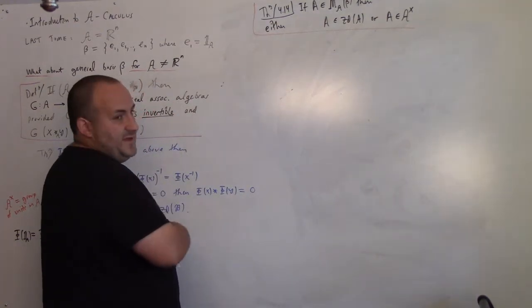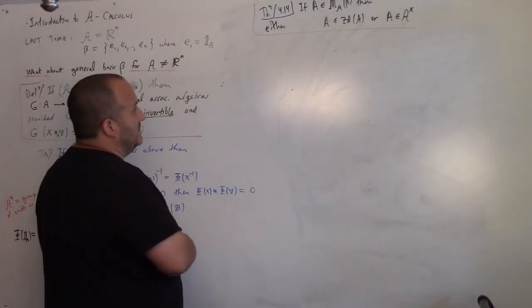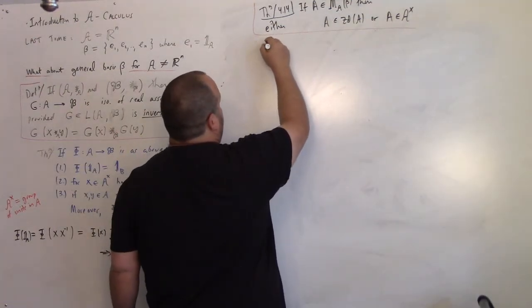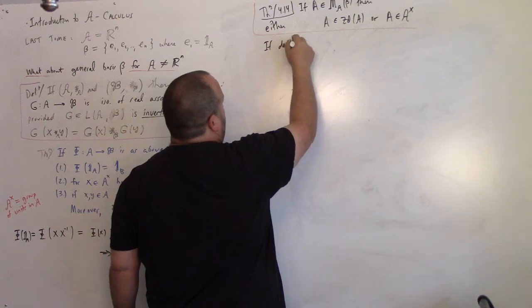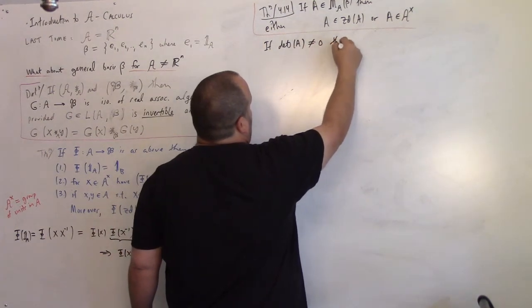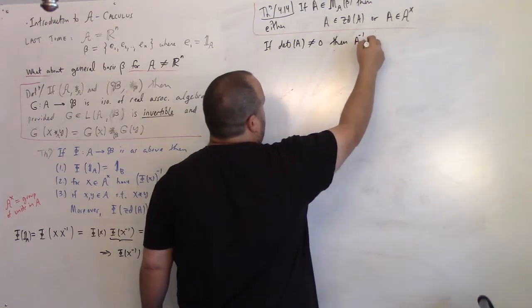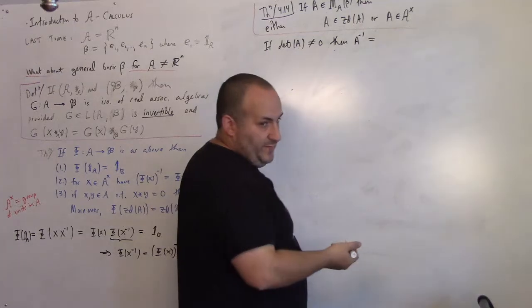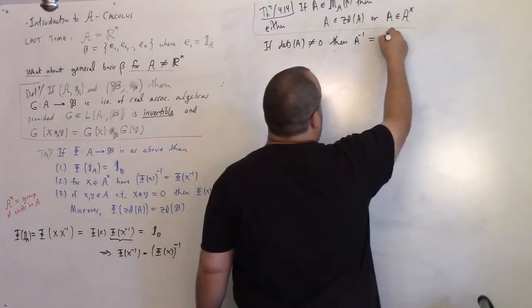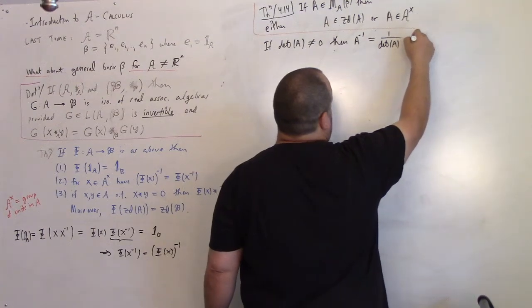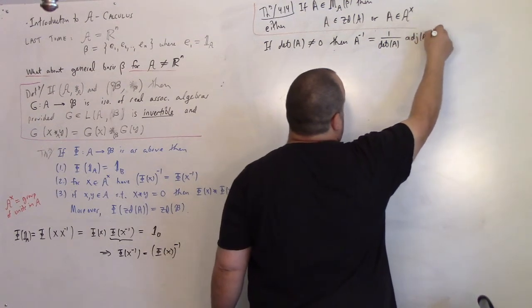Beta is the basis for the algebra, so it's arbitrary. Note, if the determinant of A is not equal to 0, then A inverse exists. Not only does it exist, we actually have a formula for it. A inverse is 1 over the determinant of A times the classical adjoint of the matrix, transposed.